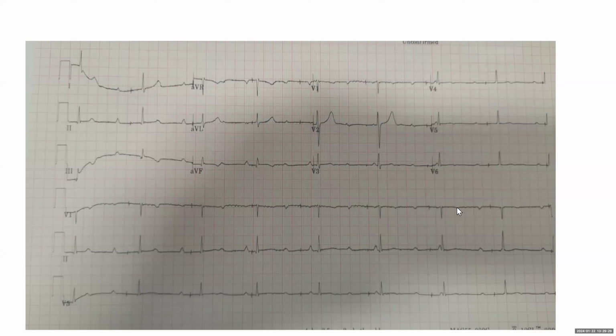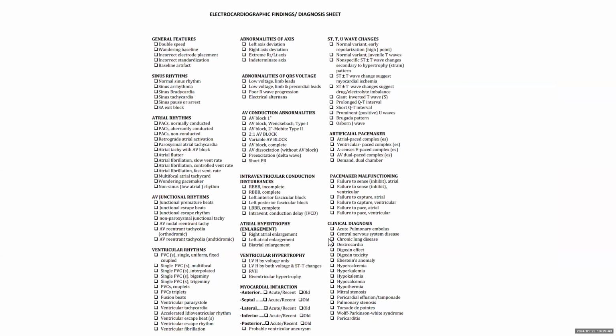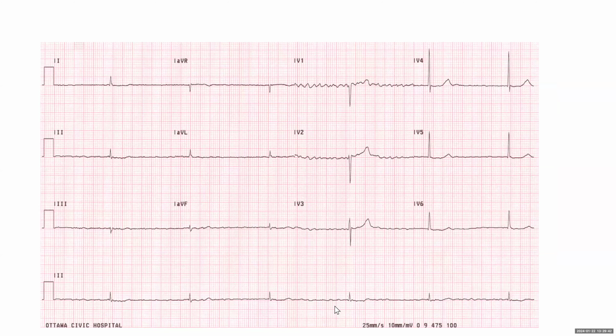For the previous issue, how can we differentiate between AFib with complete heart block versus sinus node arrest? Yeah, that's a very good question. So I'm going to go back to the previous ECG. How can we tell if this is AFib with complete heart block or sinus arrest with junctional escape? Like Abdulaziz is saying, the baseline is not a flat line. There are these fibrillation waves.